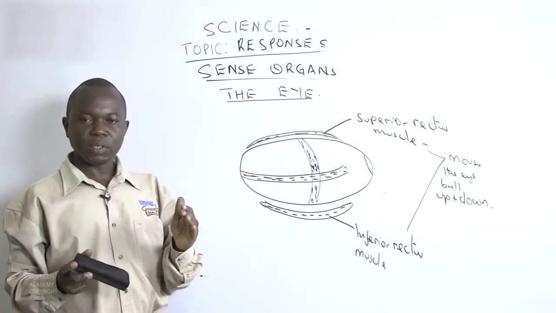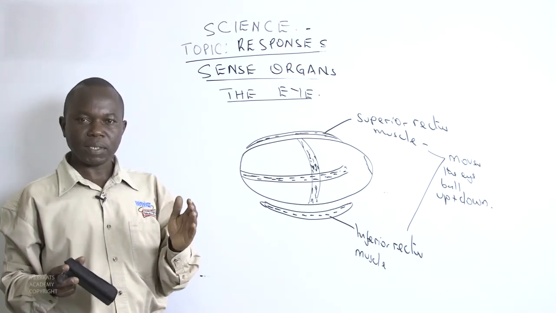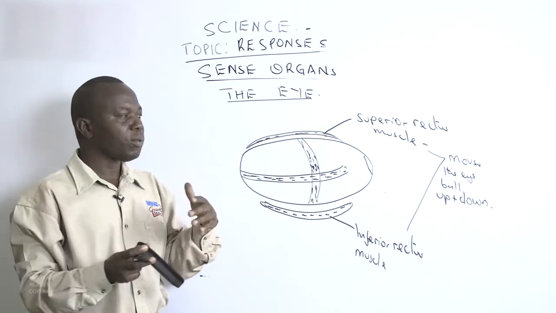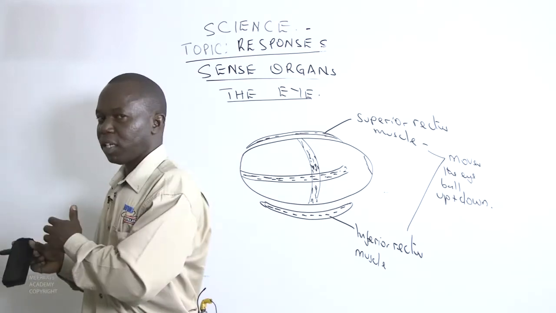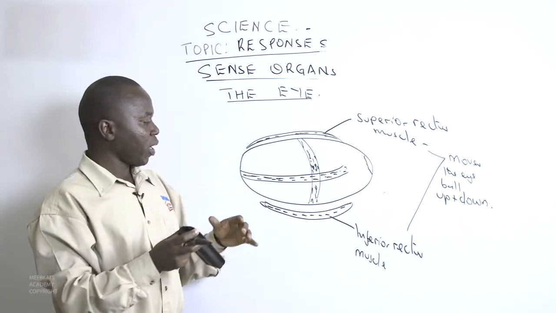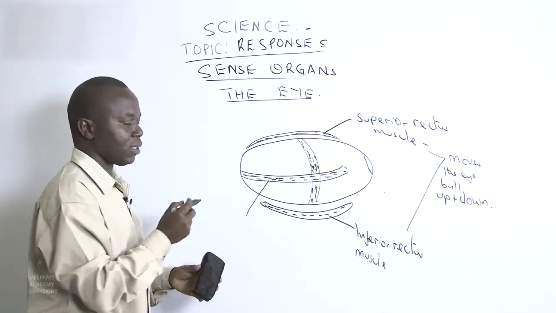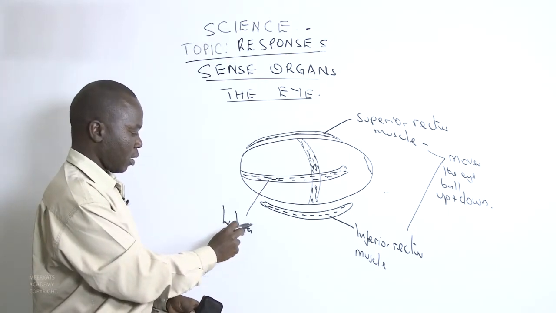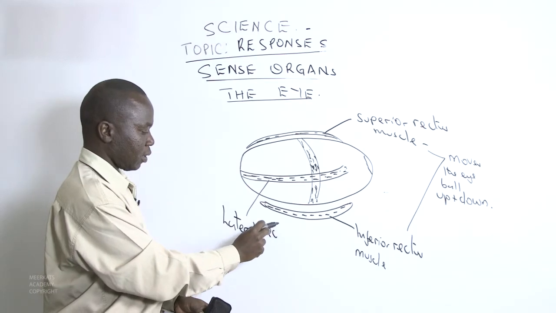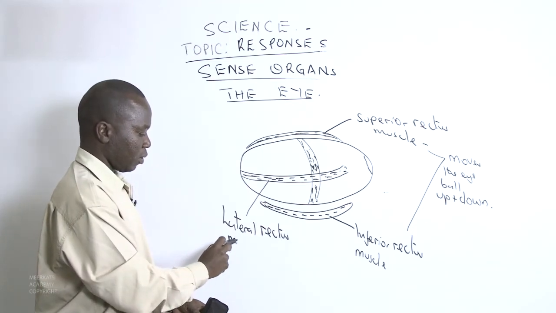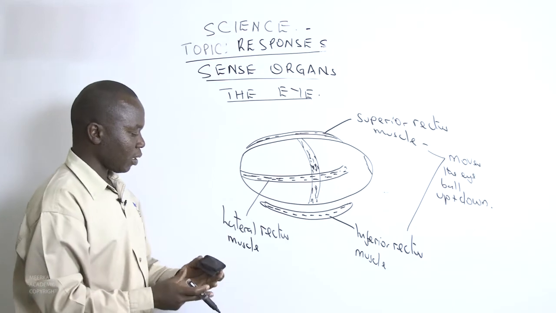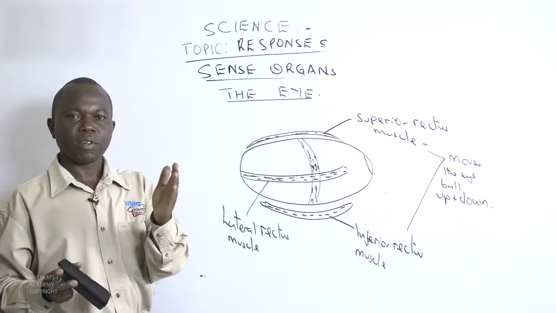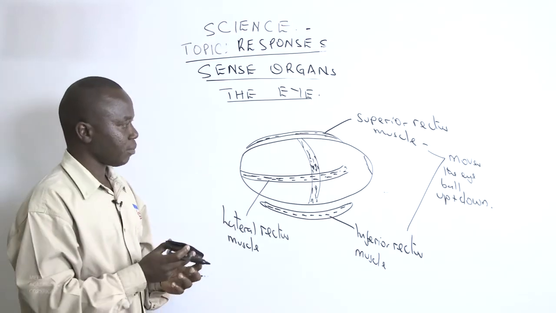Now sometimes you'll need to move your eyes sideways, without actually making the whole body look in that direction or in this direction. So we have this muscle on either side of the eyeball called the lateral rectus muscle, to move the eyeball from side to side.